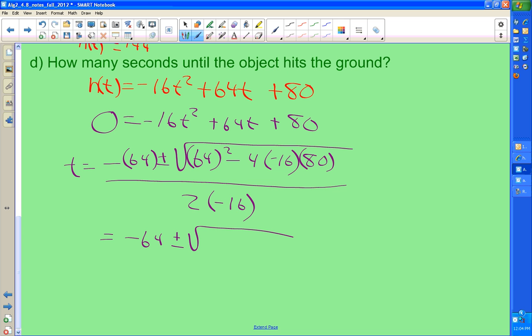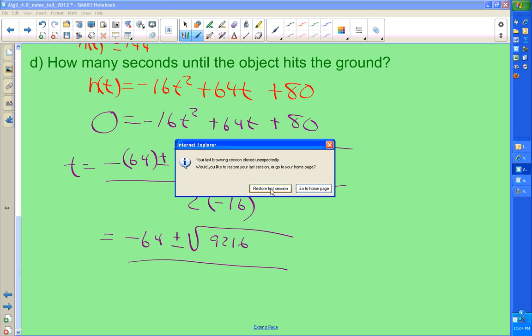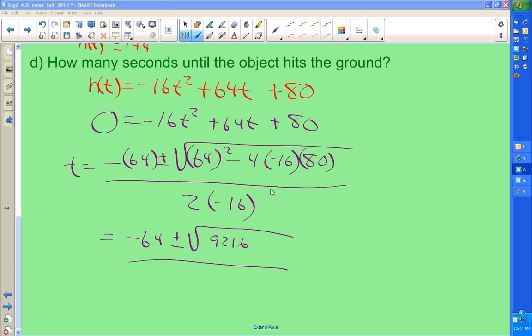So utilize your calculator for this kind of work. And you're going to get 9216 under the radical and a negative 32 on the bottom.